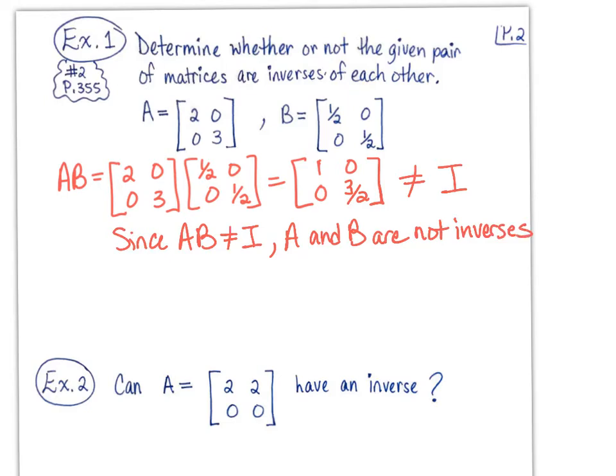Remember, in order for A and B to be inverses of each other, A times B would need to be the identity, and B times A would need to be the identity.